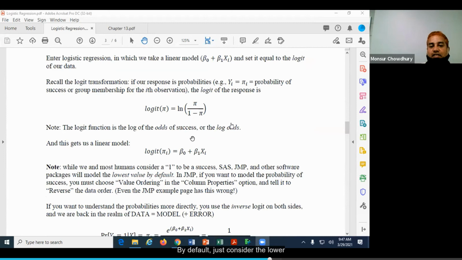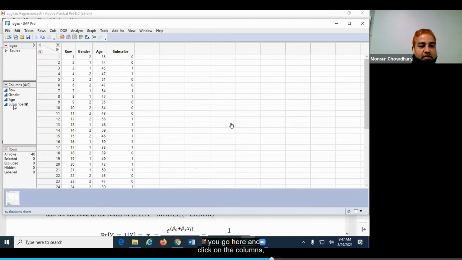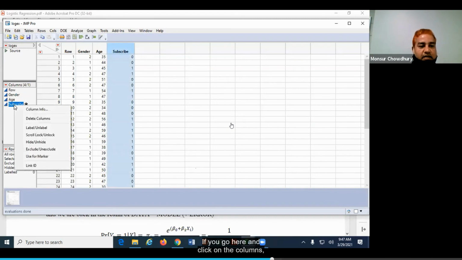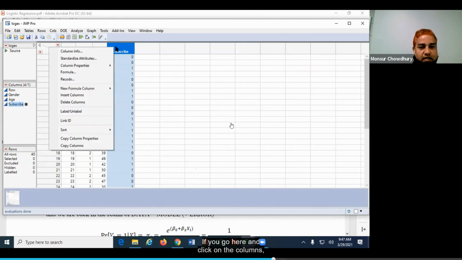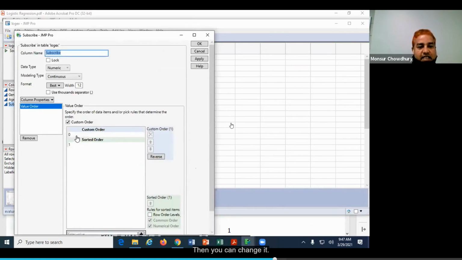By default, JMP considers the lower one as the reference category, but we can change it by value ordering. How can we change it? If you go here and click on the columns, then column properties, and value order, you can change it.